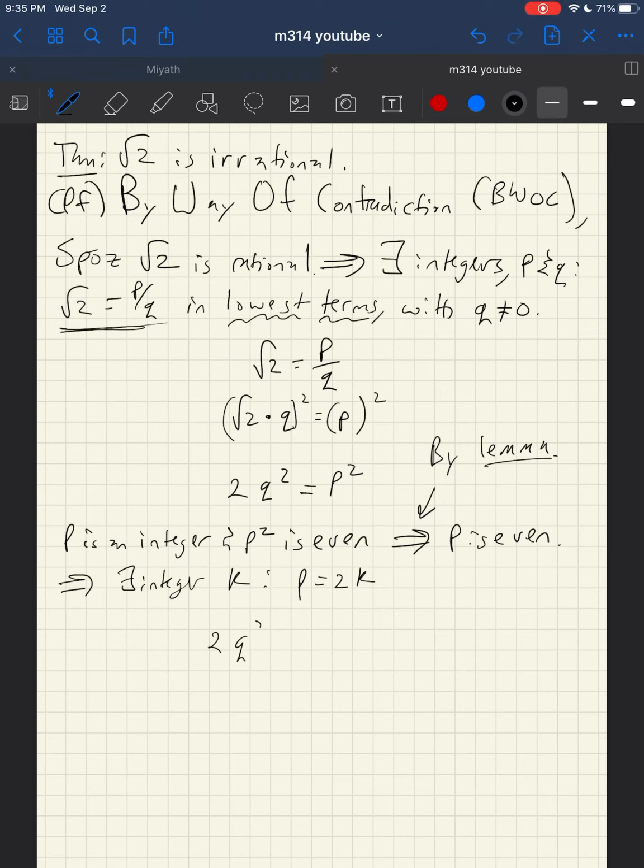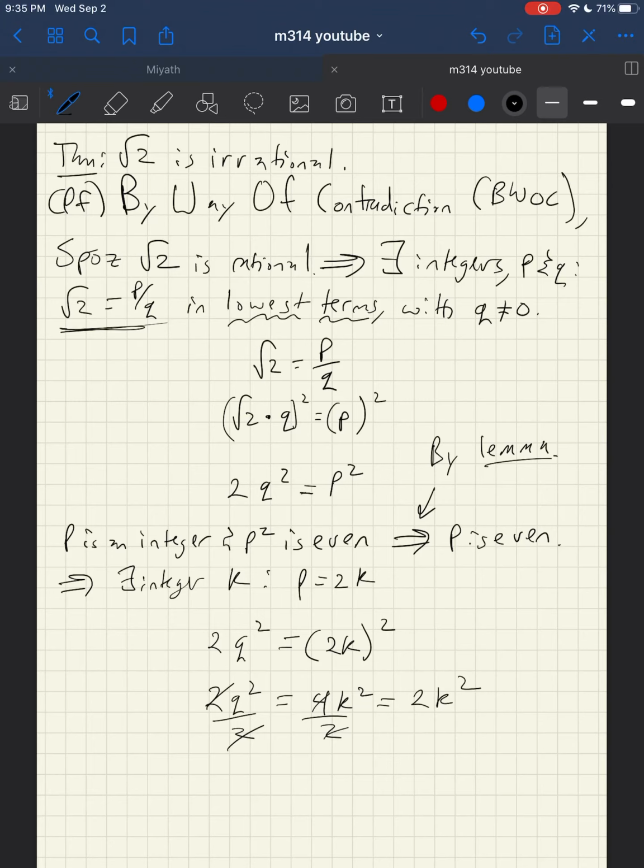So we've got 2q squared equals 2k quantity squared. We just simplify, we get 2q squared equals 4k squared. That's fine. We can divide both sides by 2.